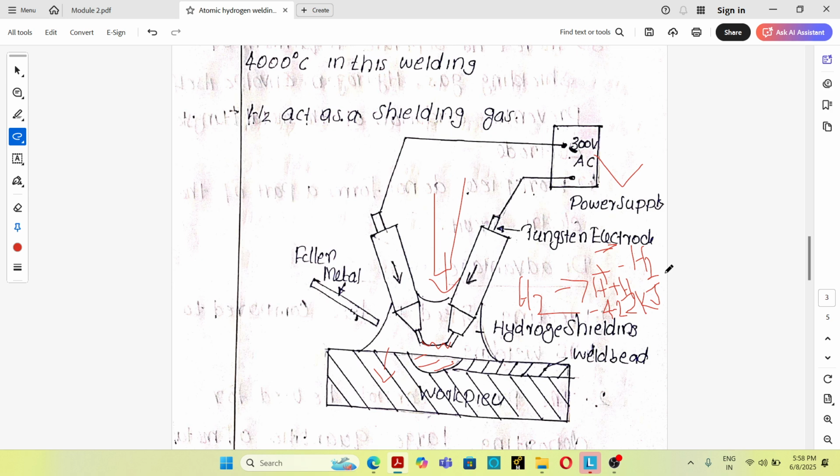That heat energy is used for melting the base metal to be joined. And if we require additional material in the molten weld pool, it will be added through filler material. So this is the principle and the main components of the atomic hydrogen welding process.